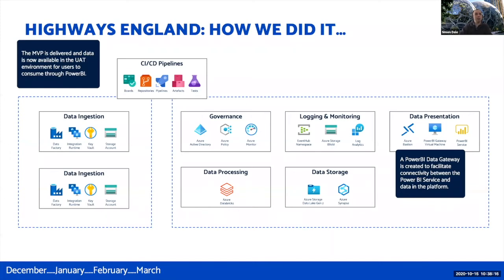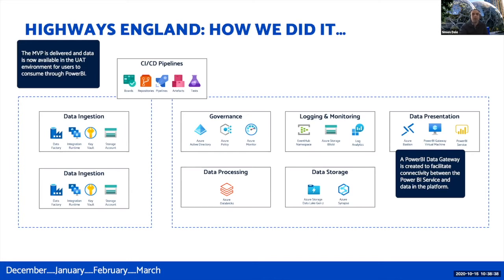We had the data into the UAT environment, which moved on to that next level of accessibility for end users. And we also had users with the ability to consume from Power BI. And this was a big milestone for the team, big milestone for Highways England.